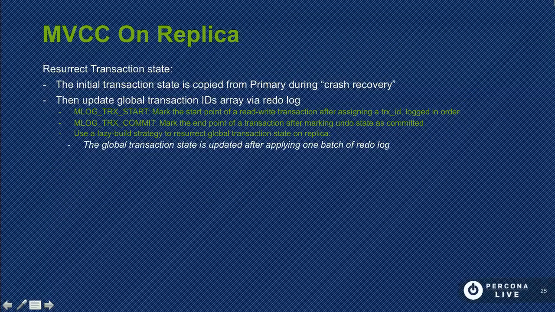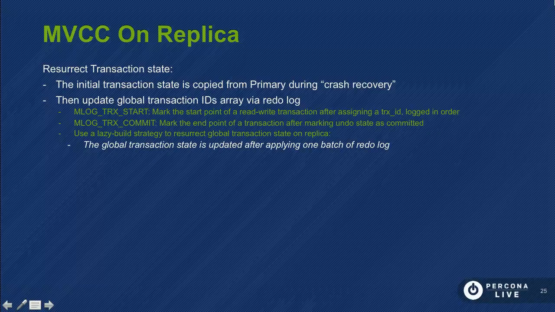In order to resurrect the transaction state on the replica, there are two steps. The first step is to initialize the transaction state by copying it from the primary during the simulated crash recovery. After that, it will update the transaction IDs array via redo log.